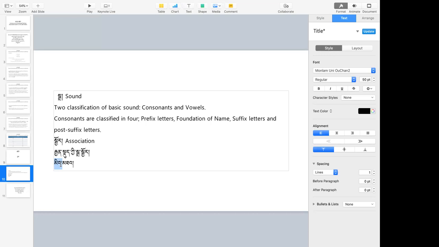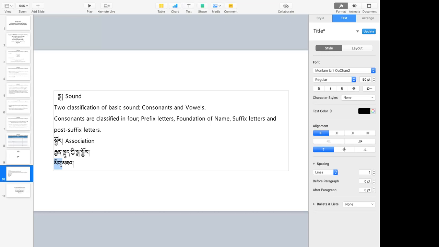Then another way to understand Mingta is that Ming could be understood as Mingshi, which means the foundation of name, and Ta could be understood as a tail which comes after and follows the foundation of name. In that case, Mingta would refer to the suffix and post-suffix letter because they tail or follow the foundation of name in any word, any term.